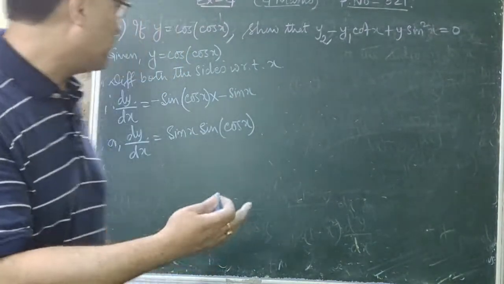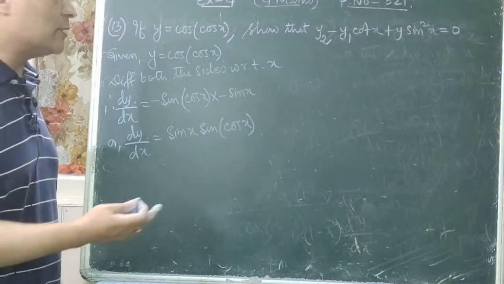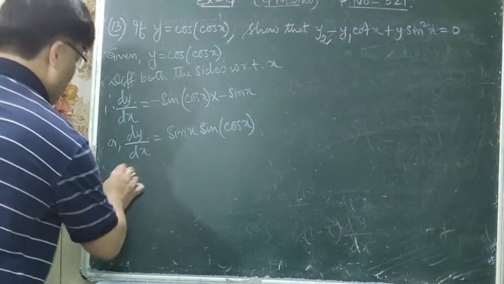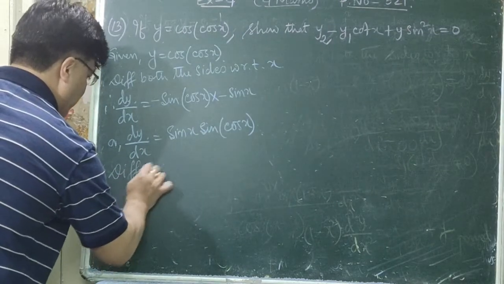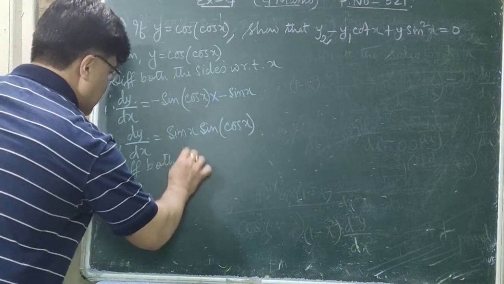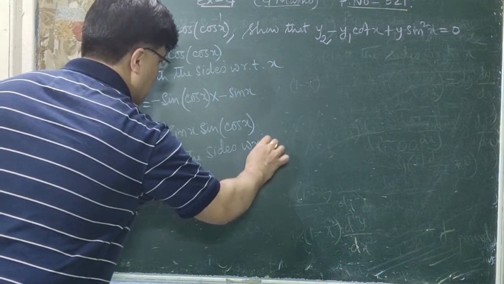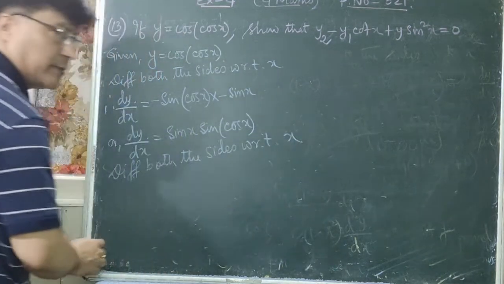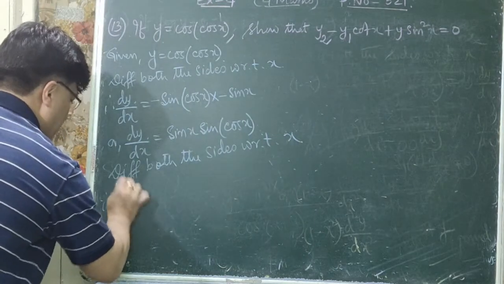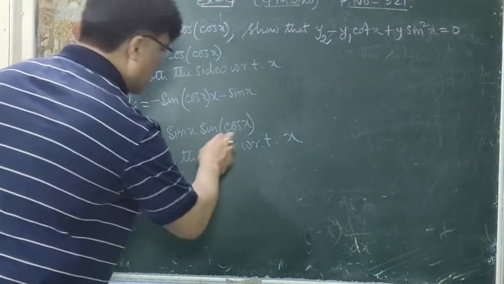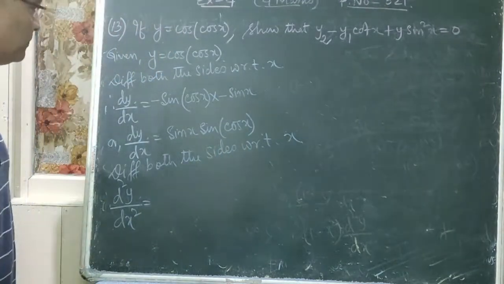Now again you have to differentiate it. Again differentiate both the sides with respect to x to get d²y/dx². So this dy/dx becomes now d²y/dx², and on the right hand side you can use the UV rule.